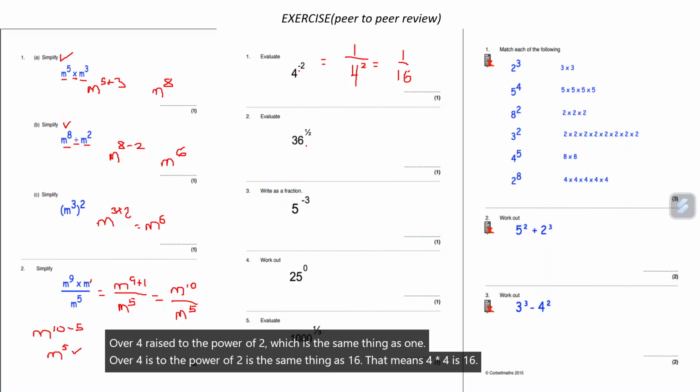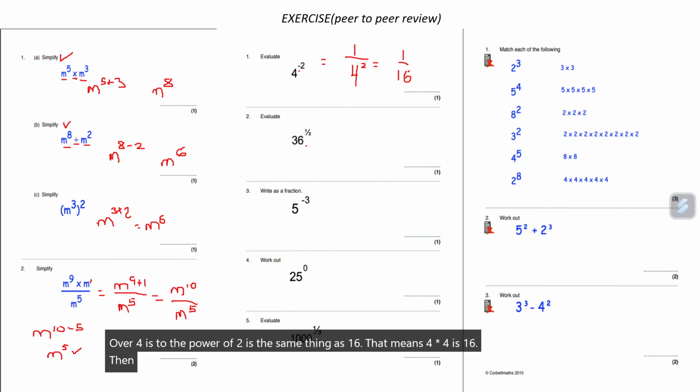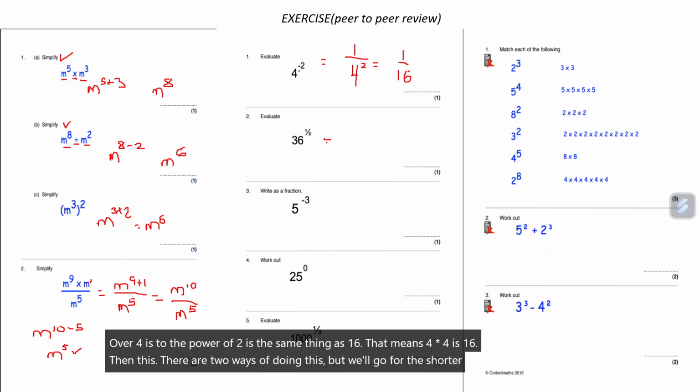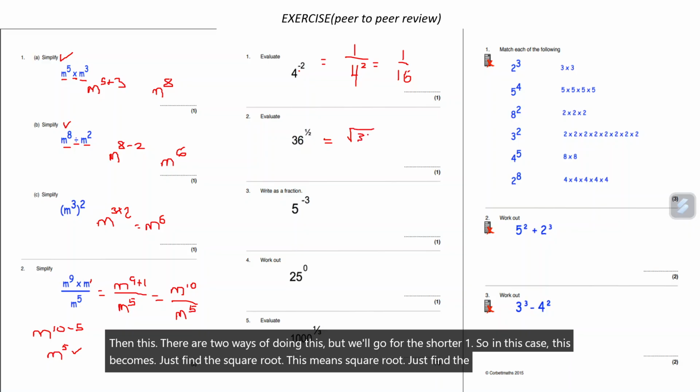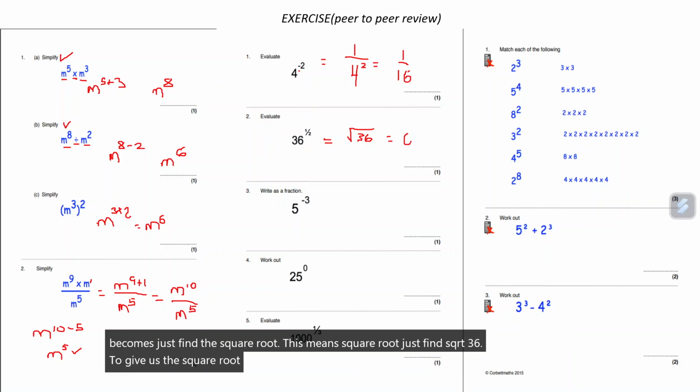Then this. There are two ways of doing this, but we'll go for the shorter one. So in this case, just find the square root. This means square root. Just find the square root of 36, which is the same thing as 6.